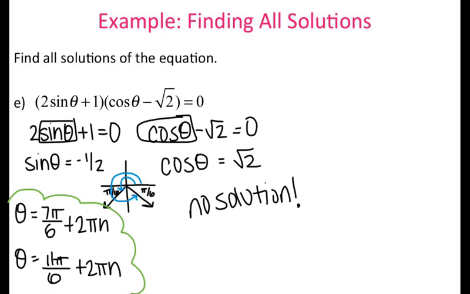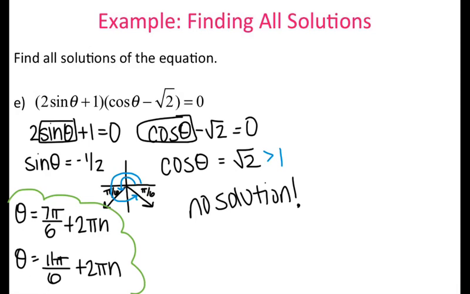It really has no solution because root 2 is greater than 1, and sine and cosine have a limitation of -1 and +1 because it has to stay in between those two values. So that's why it really has no solution, not because you can't find it in that first quadrant.